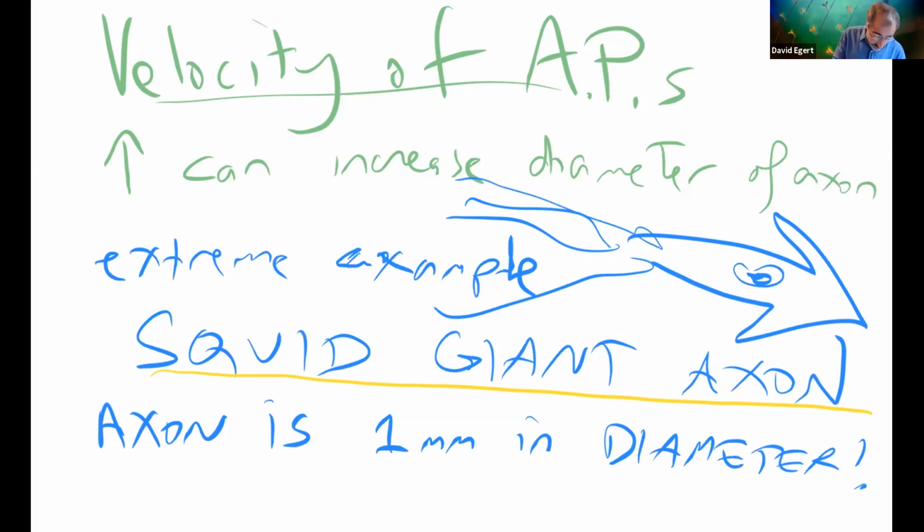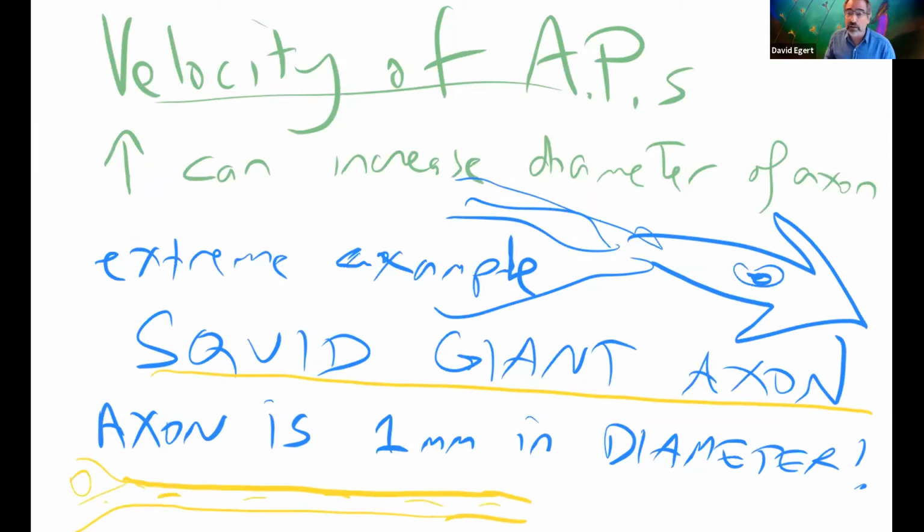They would literally take the squid giant axon and put it in a little dish. So these are guys, this was in the 50s. These two guys named Hodgkin and Huxley.